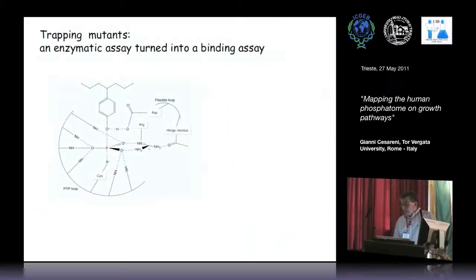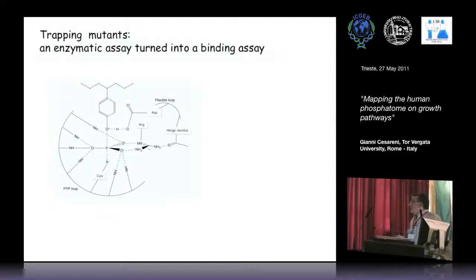It would be nice to do it also with phosphatases, but phosphatases do not tend to interact very strongly with their substrate. It's just a transient interaction. But there is a trick that's been developed by the community in which you can manipulate the active site of a phosphatase, what's called a trapping mutant. By changing one or two amino acids in the binding site, you maintain the recognition specificity of the enzymatic substrate, but you prevent carrying the reaction through.